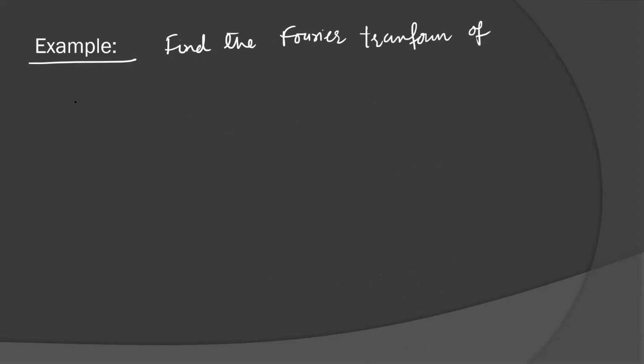Now I'm going to solve one more problem related to Fourier transform. Find the Fourier transform, not sine or cosine, only Fourier transform of f(x) equal to 1 when mod x less than 1, 0 when mod x greater than 1.